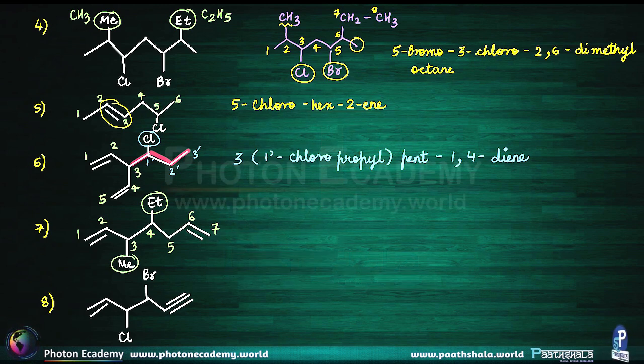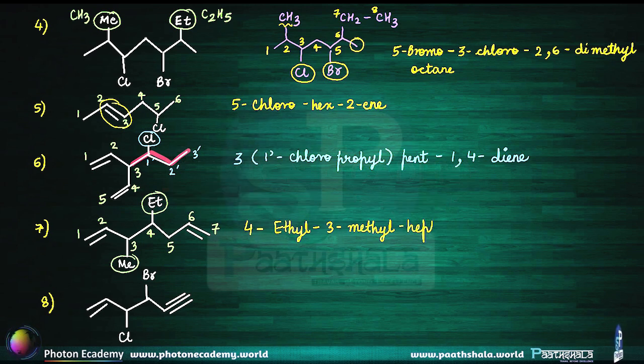So the name of this compound here becomes 4-ethyl 3-methyl hepta-1,6-diene. So this is the name of the compound.